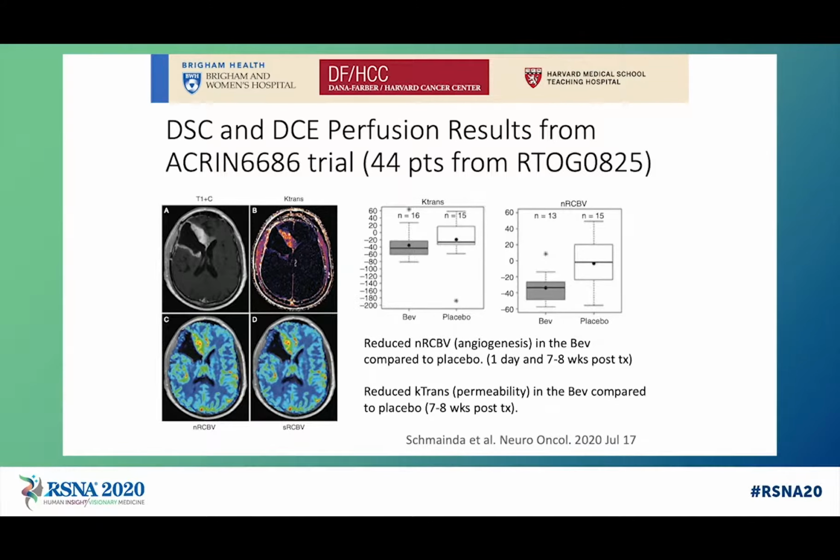As you can see from the ACRIN 6686 trial, which is a subset of patients from the phase 3 trial, normalized cerebral blood volume was quickly reduced as soon as 1 day following initiation of treatment. Ktrans was also reduced compared to the placebo arm at 7 to 8 weeks, but not right away. This study was not powered to detect whether these changes correlate with overall survival.